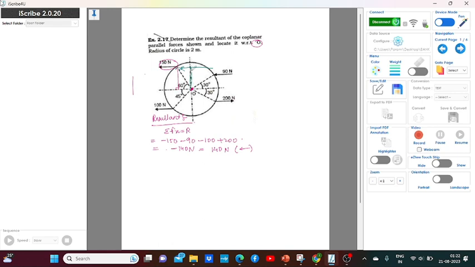According to the principle of transmissibility, the same force can be shown in the upper direction, in the forward direction, and the perpendicular distance remains the same in red color and in green color. So don't get confused over the perpendicular distances. You can use the principle of transmissibility.